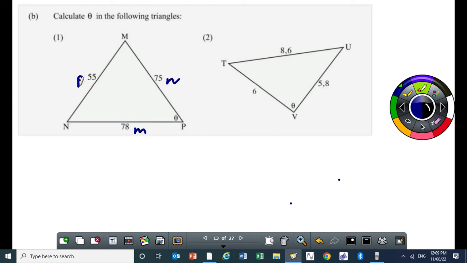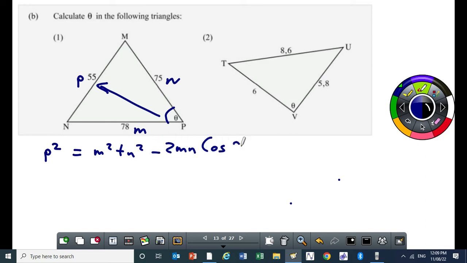Now, we want to calculate this angle theta, which is also equivalent to p. So there is a relationship there. If I write my cosine rule, p squared is equal to m squared plus n squared minus 2mn cosine of p.